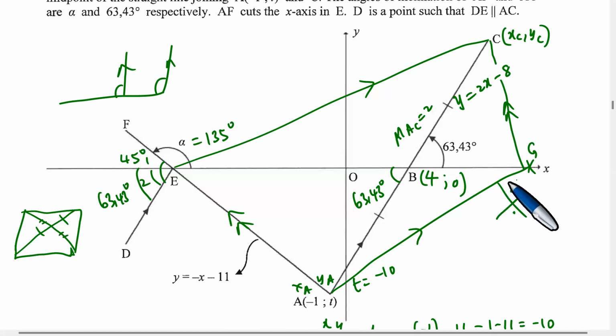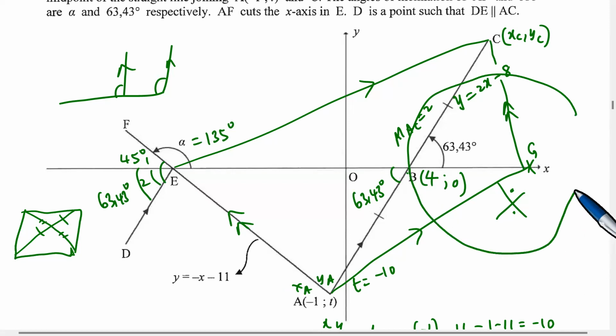Then we can say the circle has center G and passes through the point B. So you have a circle like so. If we know G, then we can just find the radius of that circle, and then we're done.